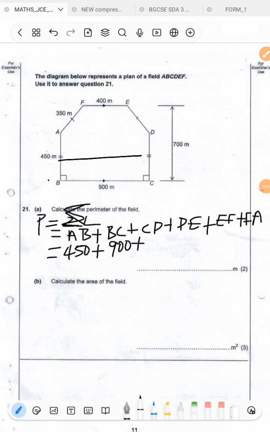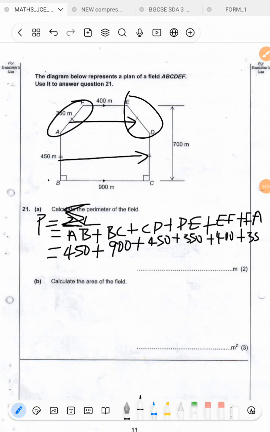CD is similar to AB, so it's also 450 plus DE is similar to this side here, AF, so it's also 350 plus EF is 400. We already said FA is 350, which is similar to this one here. Then you punch that easily into your calculator. You should be able to get, what is the number that I found?